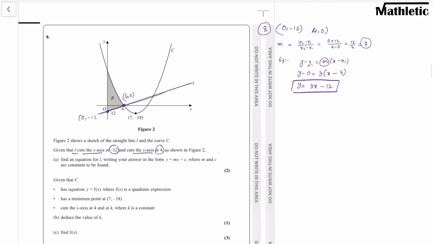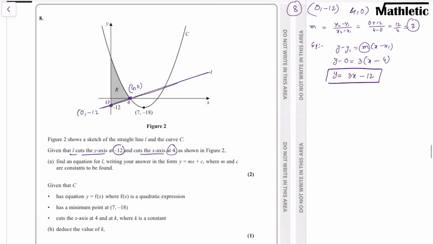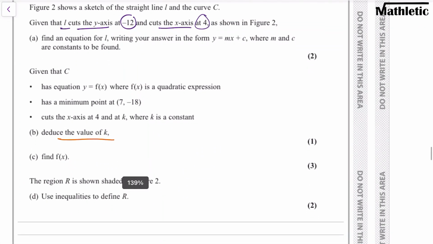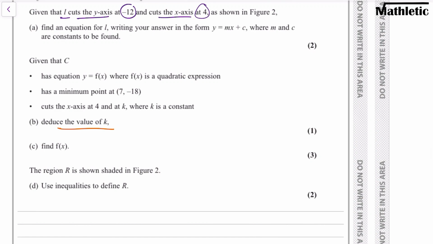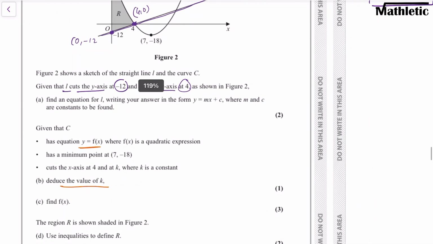Next, for part B, we need to calculate the value of k. The equation of the curve is f of x. The minimum point is 7, minus 8. The curve intersects the x-axis at 4 and k.